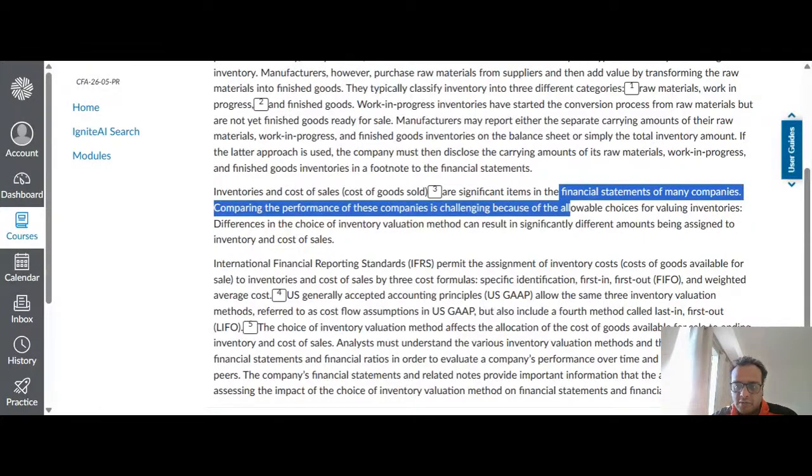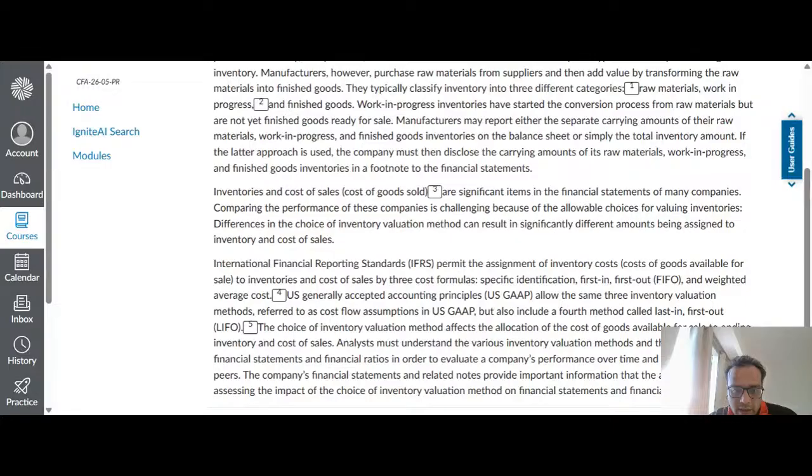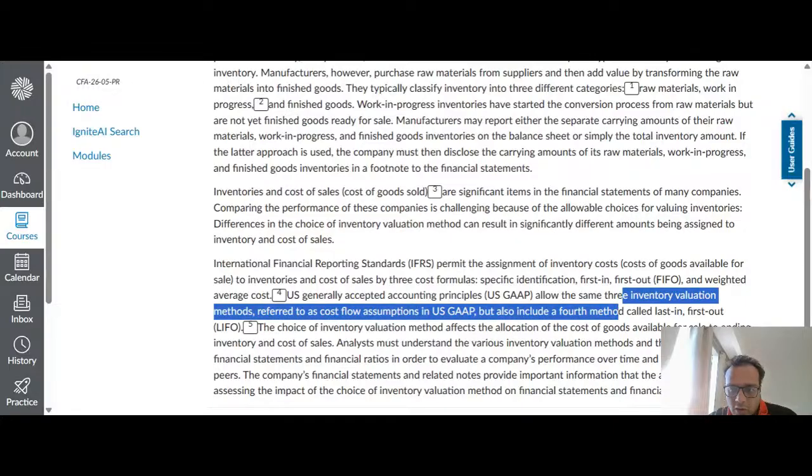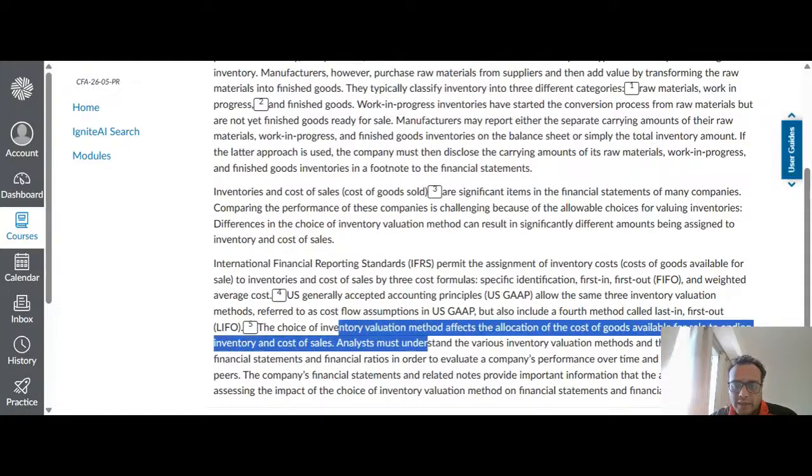US GAAP allows the same three inventory valuation methods, but also allows a fourth category, which is LIFO, last in first out. The choice of inventory valuation method affects the allocation of cost of goods available for sale to ending inventory and cost of sales.